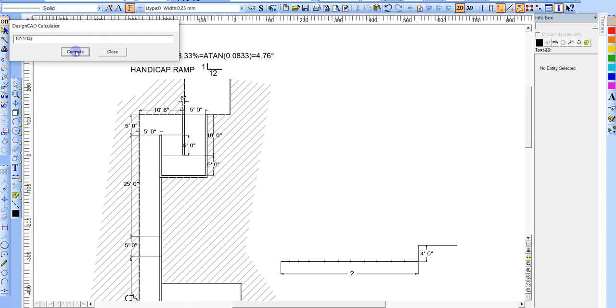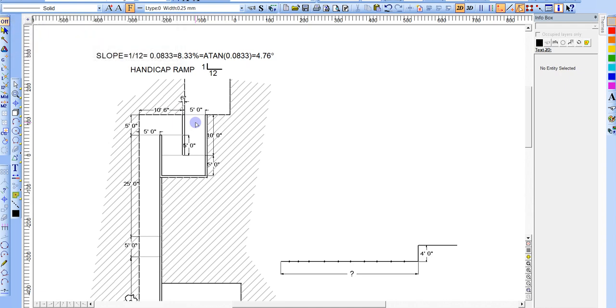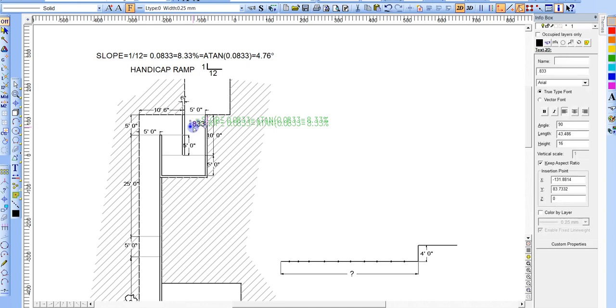And then that'll give us the slope, 0.833, which makes sense. 1 in 12, it's 10 feet, so you're going to end up with 10 inches. That's 0.83. So just type that there. 0.833, enter. So that's that one, right?